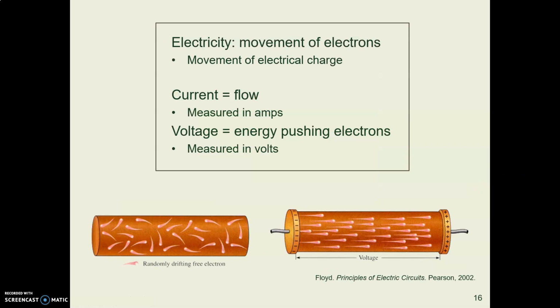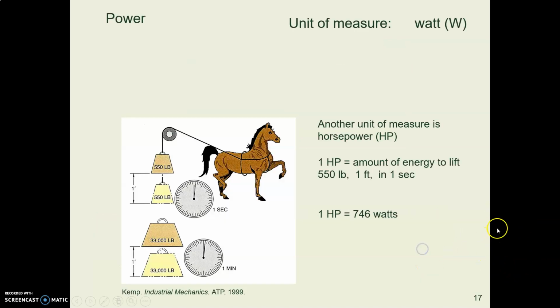So electricity is the movement of electrical charge as those little electrons are getting bumped loose and flowing. Current is the flow, and it's measured in amps. Voltage is like pressure pushing those electrons, and it's measured in volts.